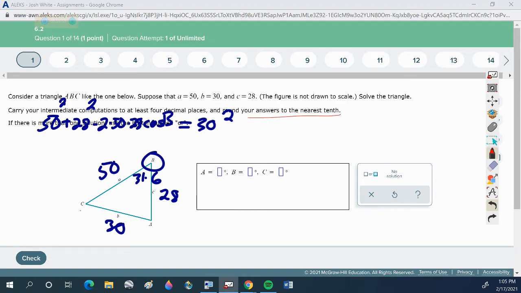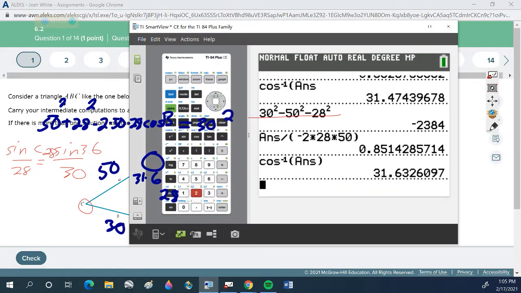Now we just do the law of sines. So the sine of C over 28 is equal to the sine of 31.6 over 30. So that's going to be 28 times sine of 31.6 divided by 30.